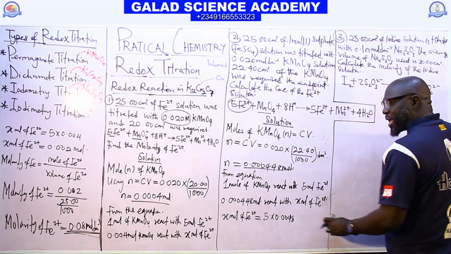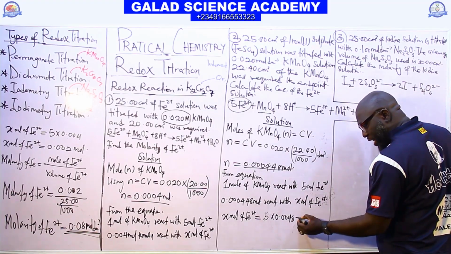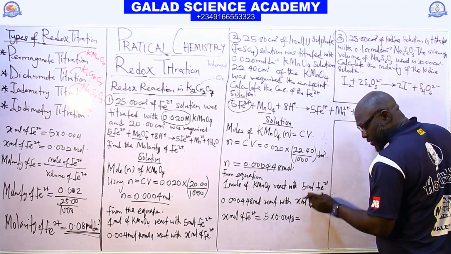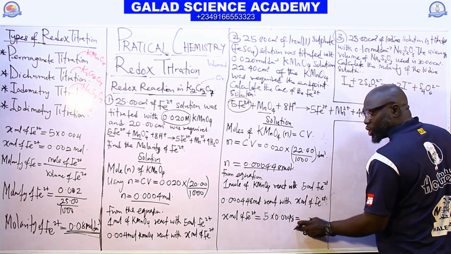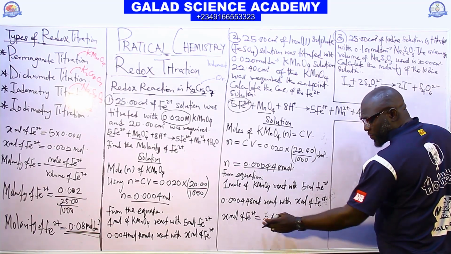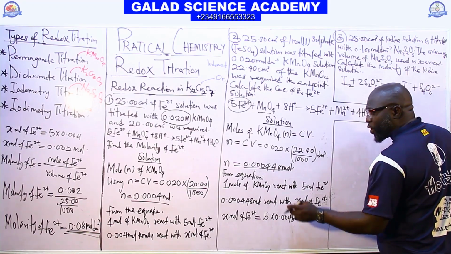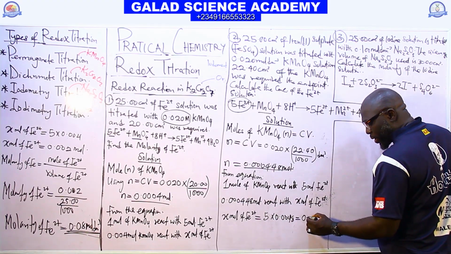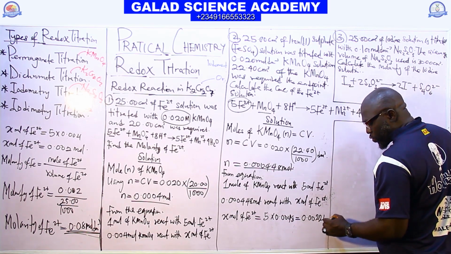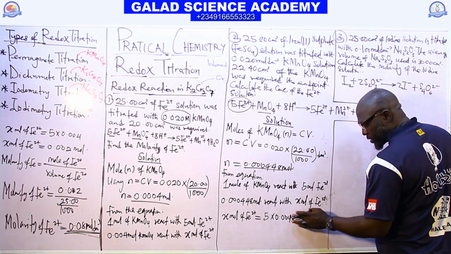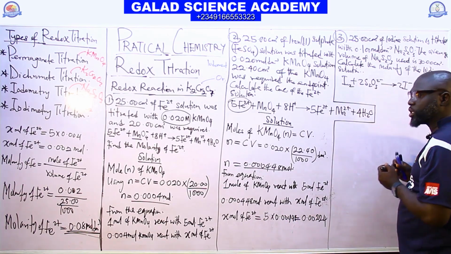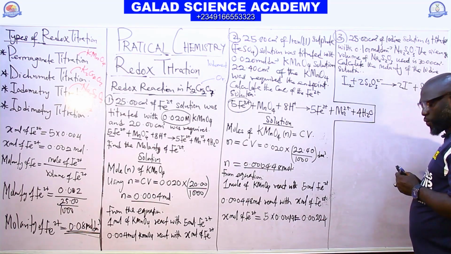By pressing the calculator, the final answer for the number of moles of iron ions: 5 times 0.000448 gives us 0.00224.